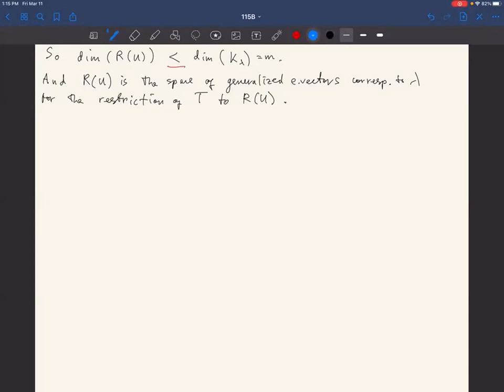So applying the induction hypothesis to T restricted to the range of U, which is of smaller dimension, we conclude that there exist disjoint cycles.